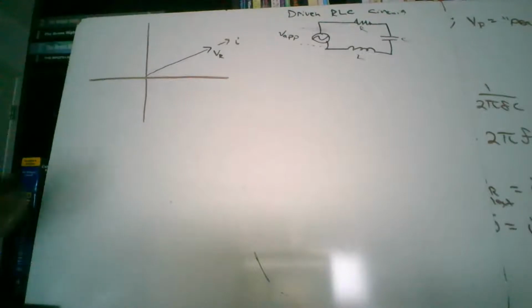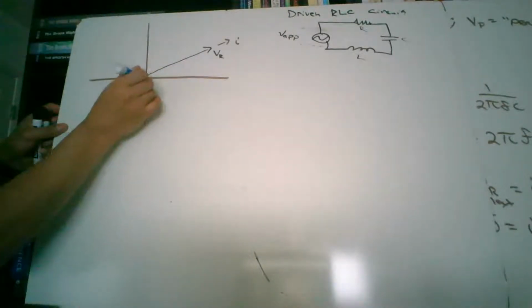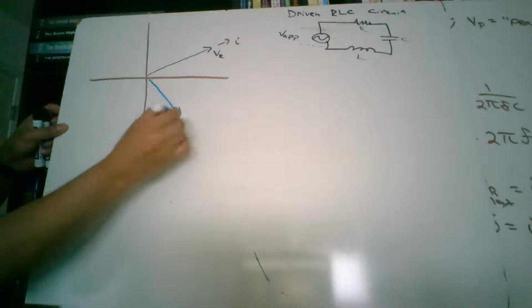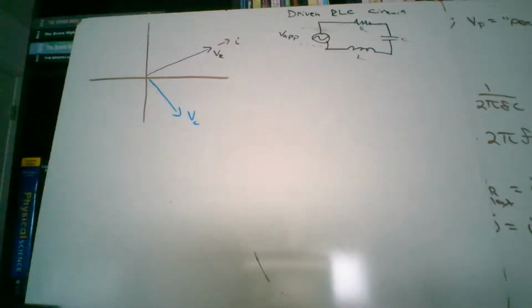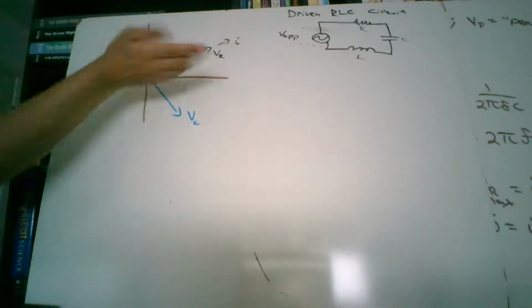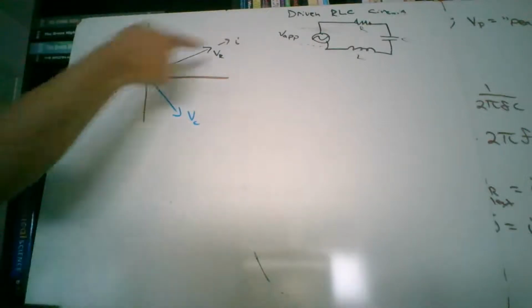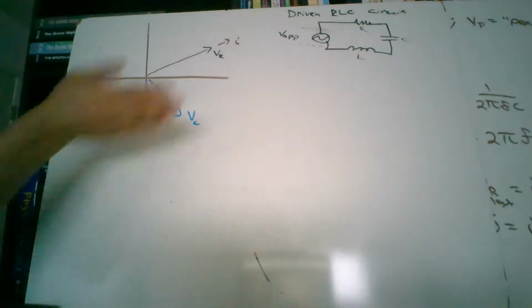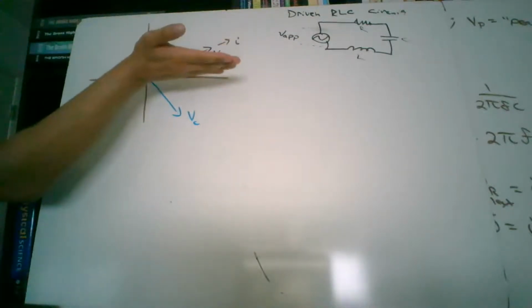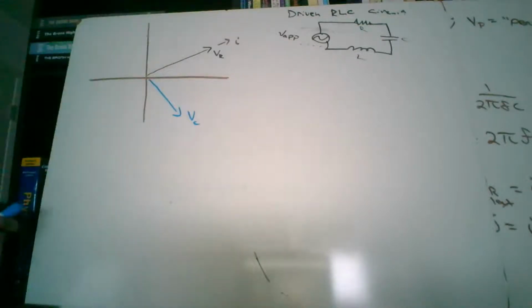So the voltage of the capacitor is going to be 90 degrees out of phase with the direction of the current. It's lagging the current, and we're moving in a counterclockwise direction. That's the whole idea of phasor diagrams. They move in this direction like that, okay? Why? Because I think in math, we start here as the incident angle, and we always move in that cycle. So that's how we're going to be defining it this way.